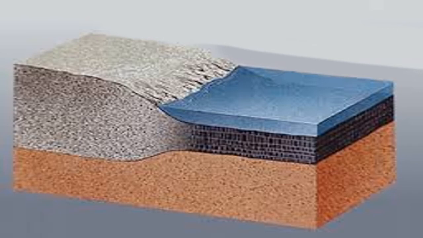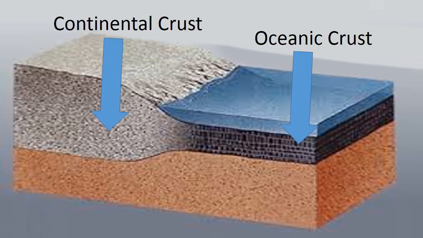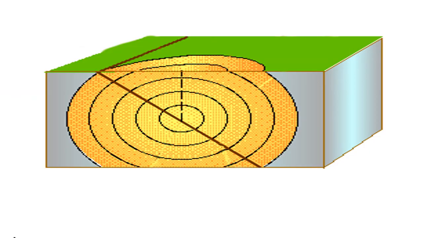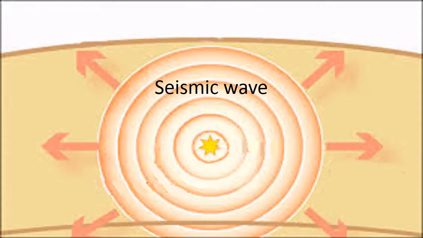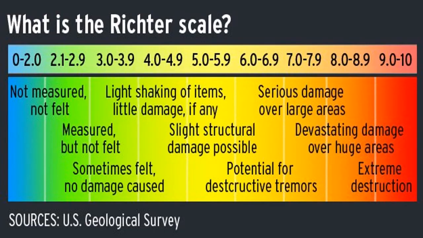In summary, there are two types of crust: oceanic and continental crust. Earthquake is a vibration in the Earth's crust caused by the sudden release of stored energy in the rocks found along fault lines. Seismic waves are generated from earthquakes.